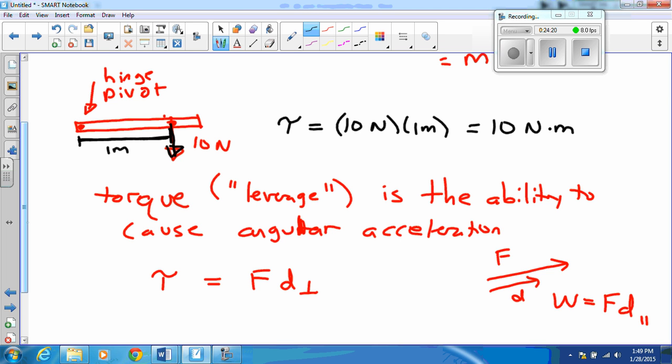Now there is no rotation. There's no tendency to rotate. You see the difference? Same force, same distance, but because the angle is different, because it is parallel to the distance rather than perpendicular to it, there's no tendency for rotation. Does that make sense to everybody?